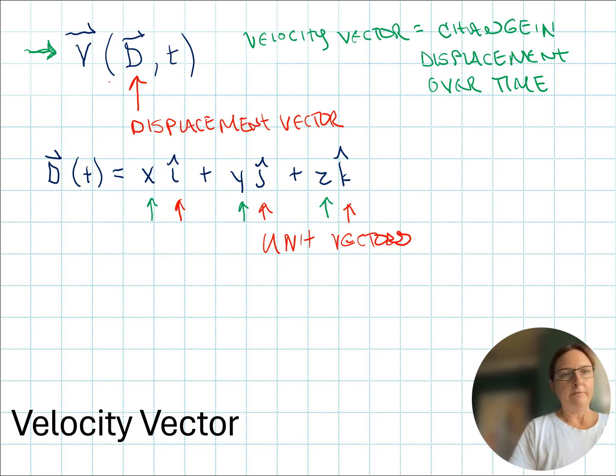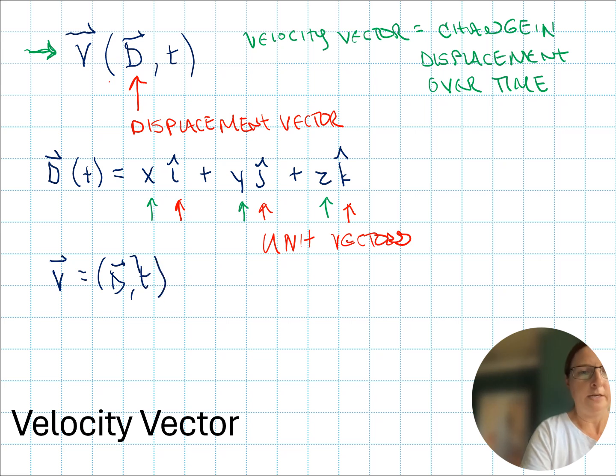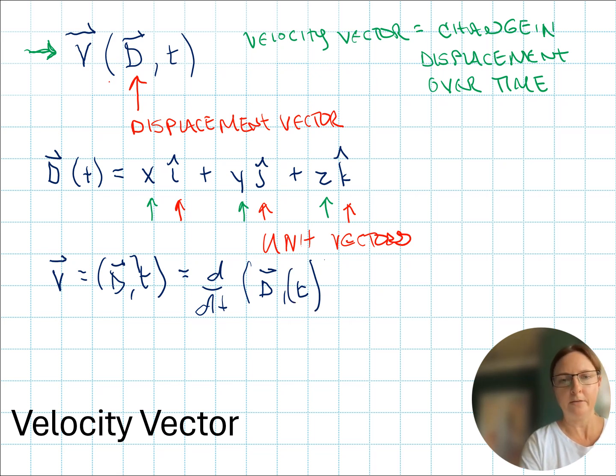So in order to derive our velocity vector, I can take the first derivative of my displacement vector with respect to time. So my velocity vector, a function of displacement and time, is going to be equal to the first derivative with respect to time of my displacement vector, which itself is a function of time.